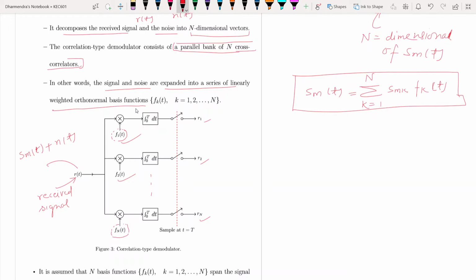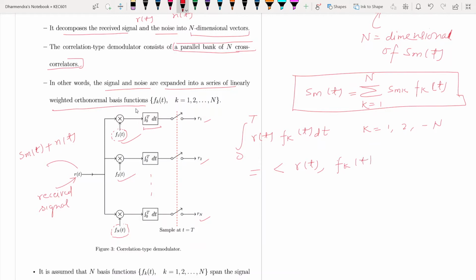Then it passes through an integrator. You integrate the multiplication of r(t) with f_k(t), where k varies from 1 to capital N. This is equivalent to finding the inner product between r(t) and f_k(t); recall the definition of the inner product.